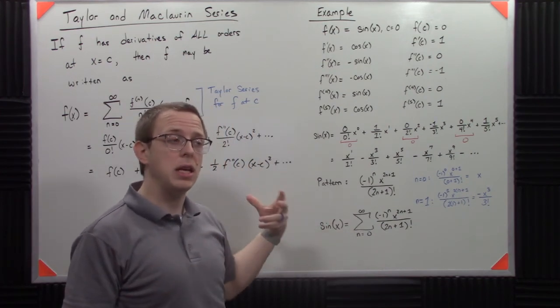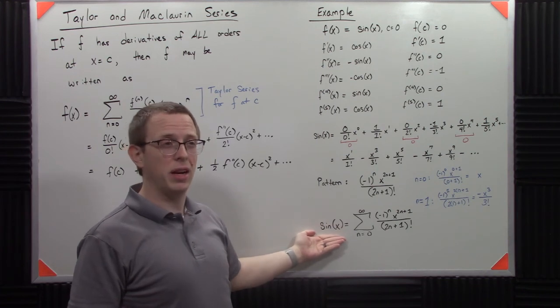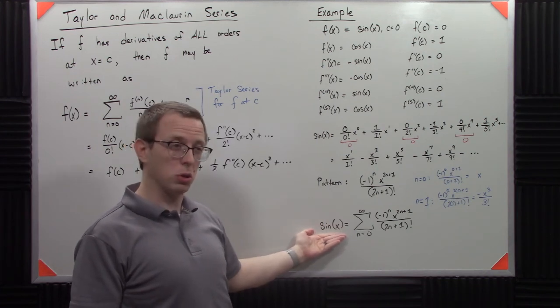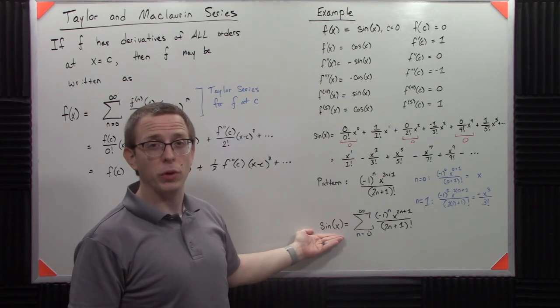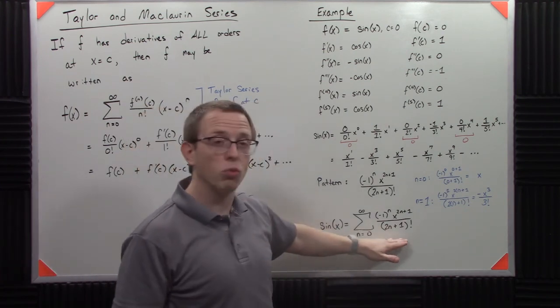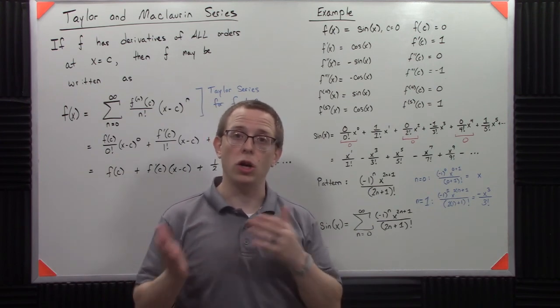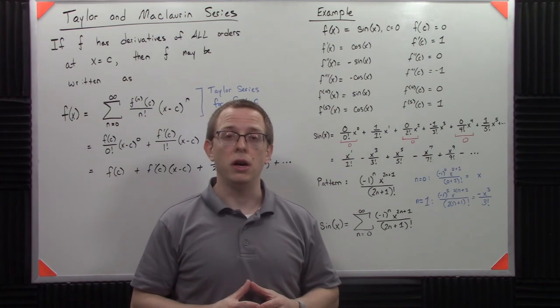And this works even better when it's functions that you don't have a good idea about what they're supposed to do or look like. Like sine, hopefully you're familiar with that, but you might have functions you're not familiar with, and this is a really, really powerful technique to generate an equivalent representation of a standard function.